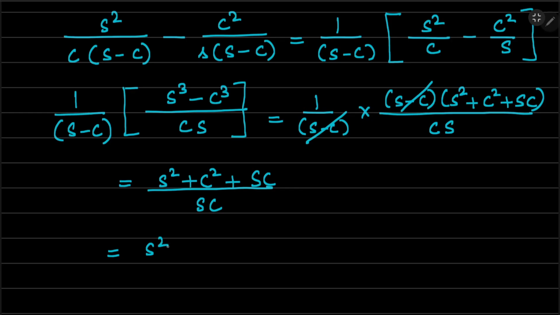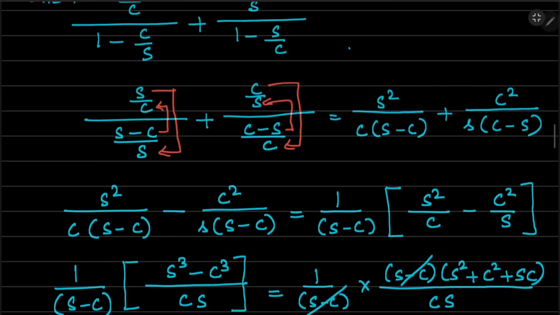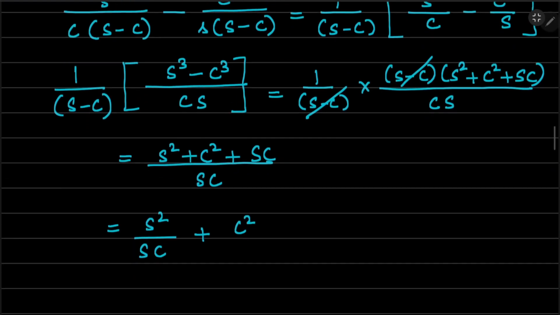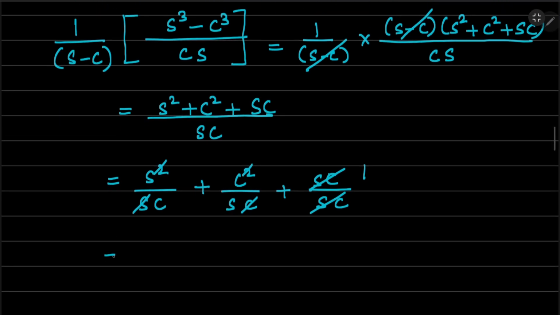So sine square divided by sine cos, plus cos square divided by sine cos, plus sine cos divided by sine cos. This will become 1. One cos and one sine will get cancelled. So what is left is sine by cos plus cos by sine plus 1.